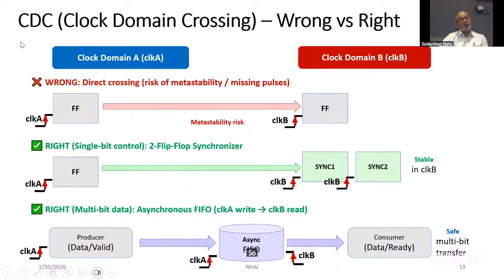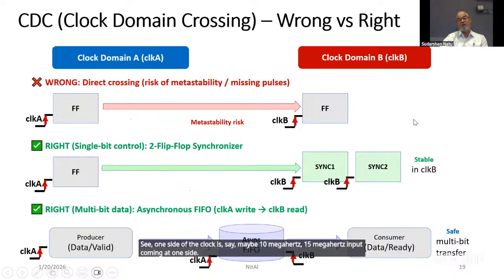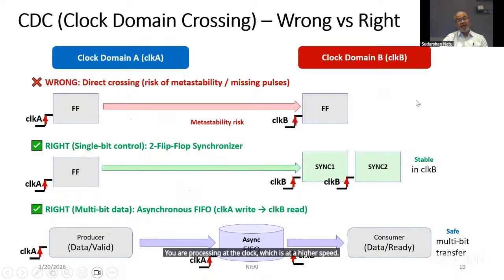So what they are showing over here is there is a clock domain A and a clock domain B. Say one side of the clock is maybe 10 megahertz or 15 megahertz, with input coming in at one side. You are processing at a clock which is at a higher speed, and they are not necessarily in a sync pair. So what will happen?